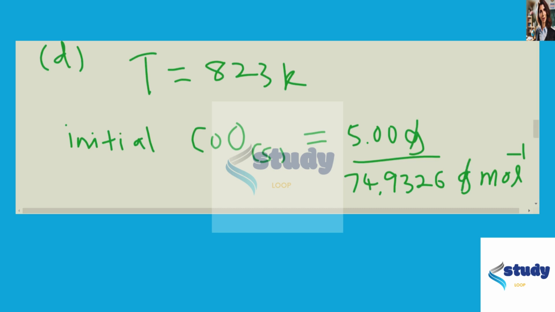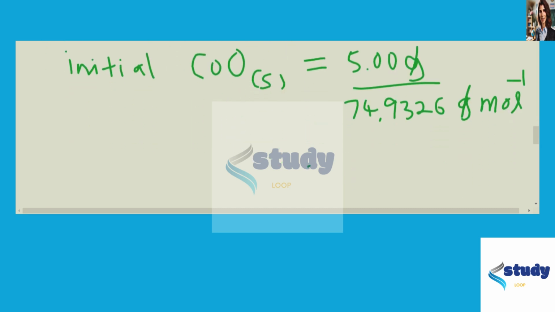So the gram units cancel out each other, and you get from this 0.06 moles. So this was the number of initial cobalt oxide moles present in this vessel.